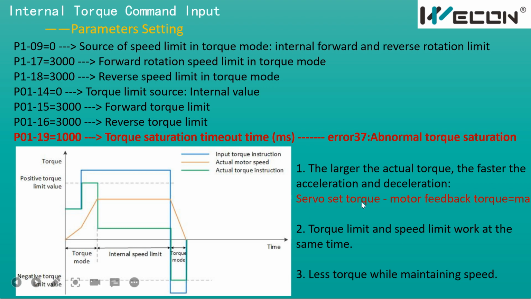And if the servo set torque is smaller than the motor feedback torque, our motor will do a deceleration action. Point 2, the torque limit and the speed limit will work at the same time. And last, less torque will maintain speed.